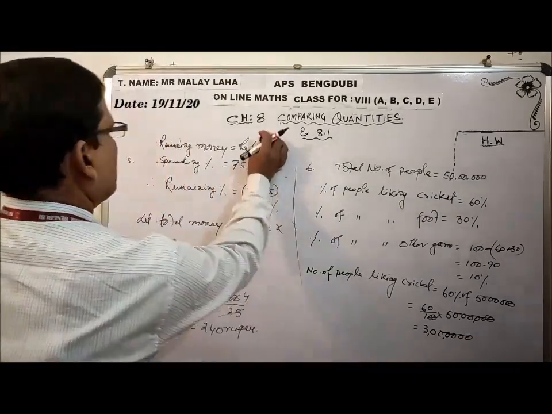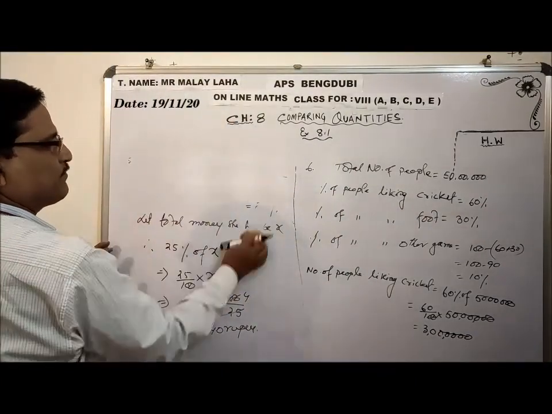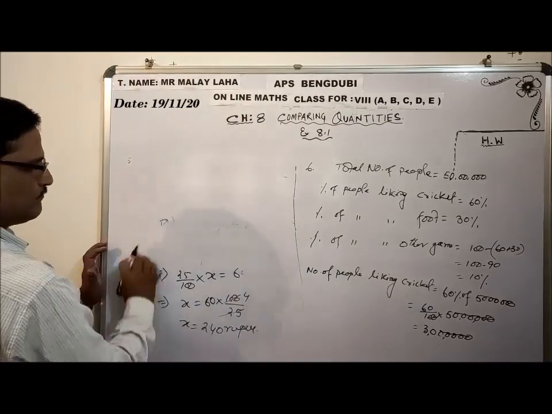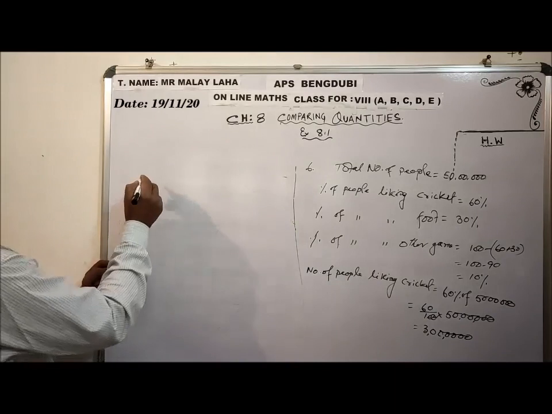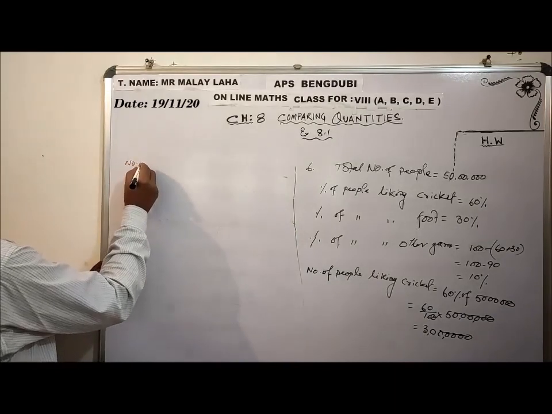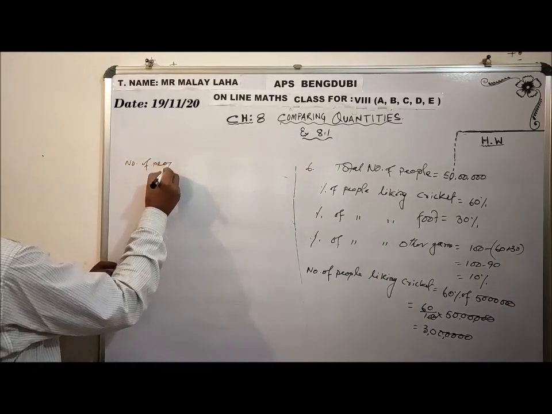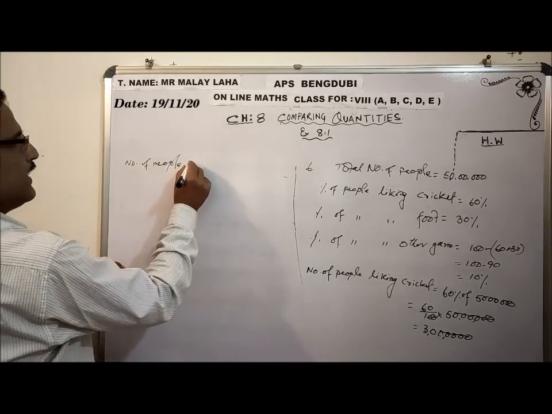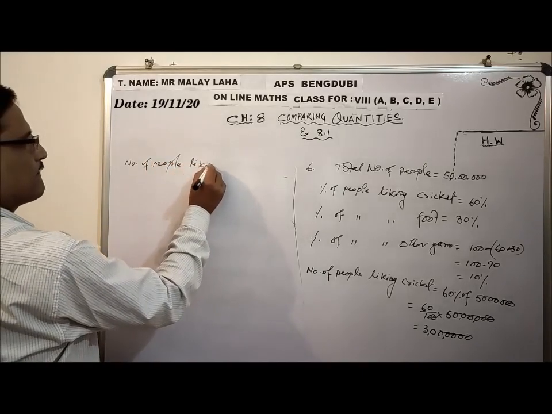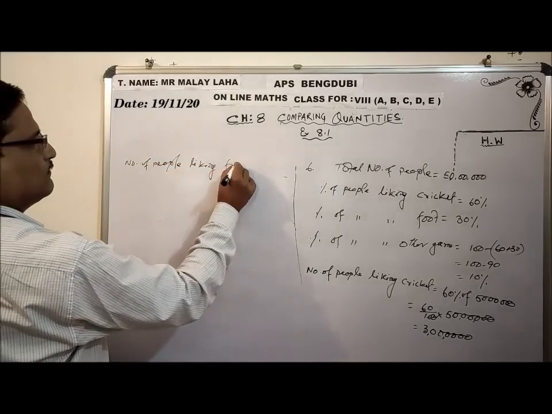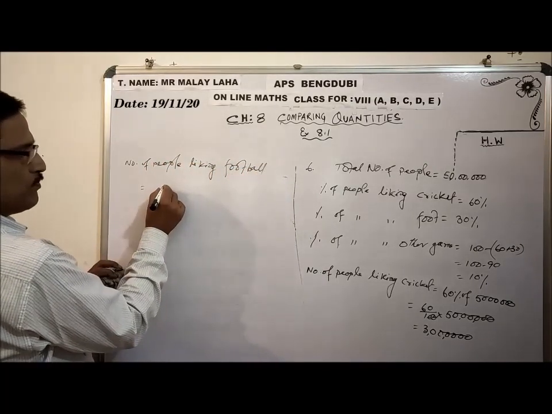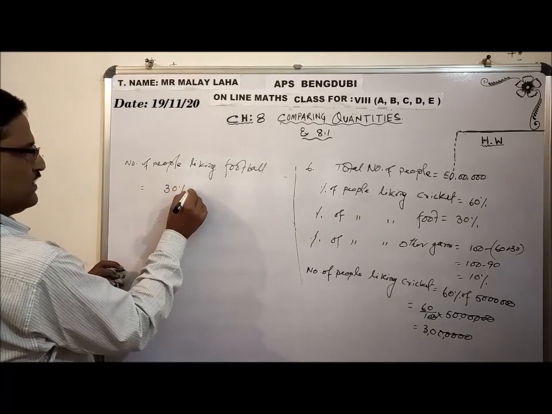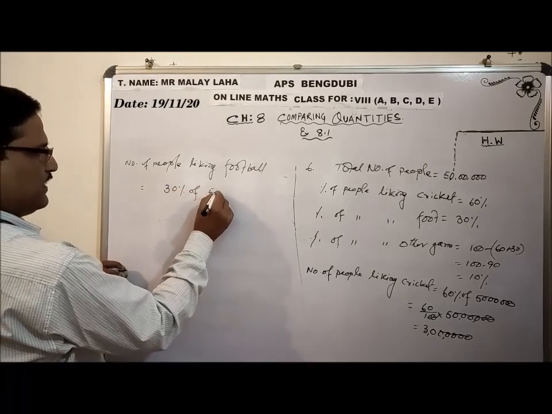Now how many people like football? Number of people liking football equals 30% of 50 lakh.